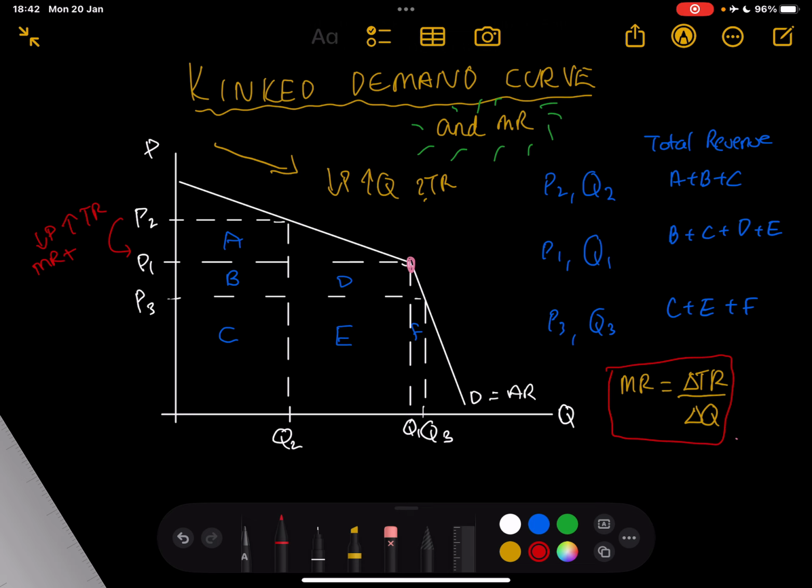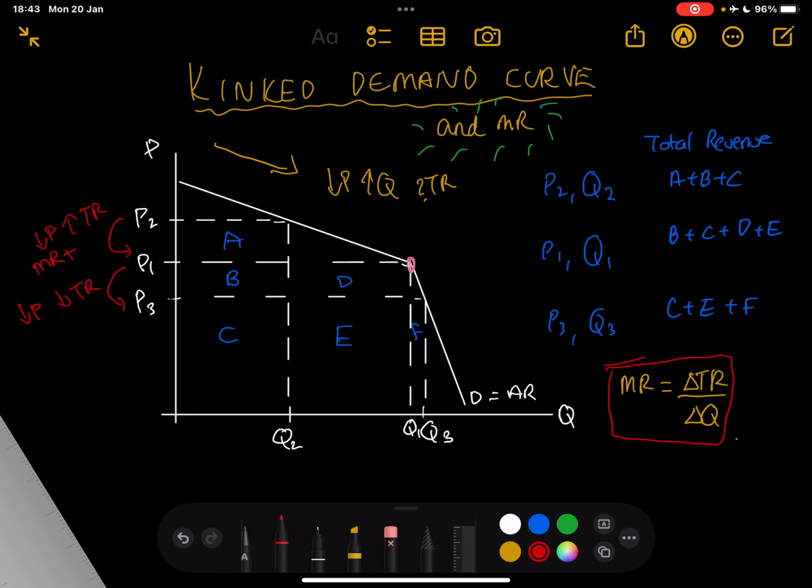But what about when we go from P1 to P3? In this case, our revenue goes from B, C, D, and E to C, E, and F. So our revenue, as discussed, is falling in this downward sloping demand curve direction. As we decrease price further, our revenue actually falls because all the other firms charge the same price.